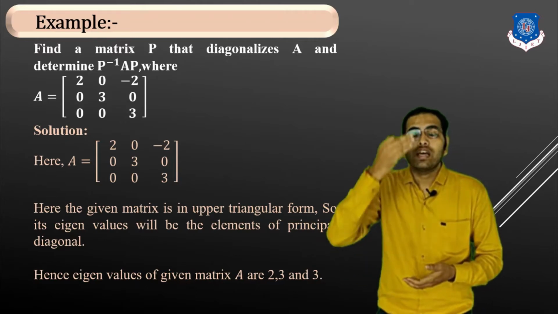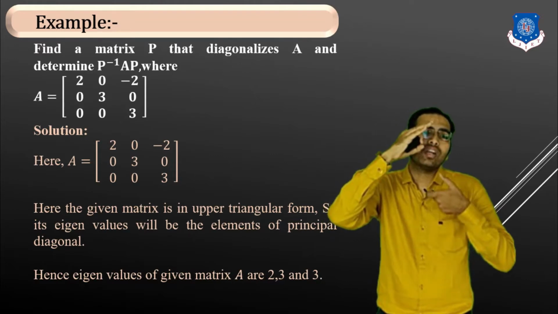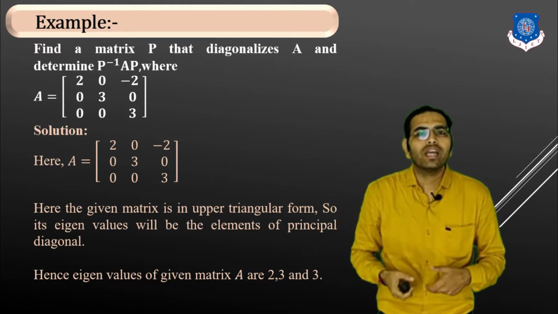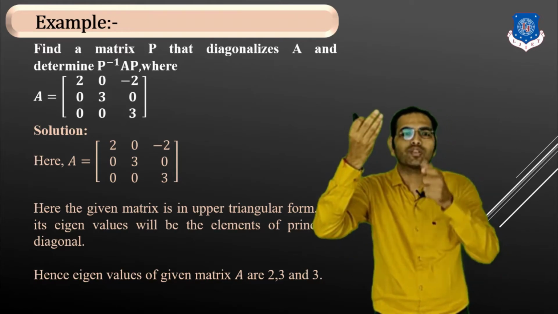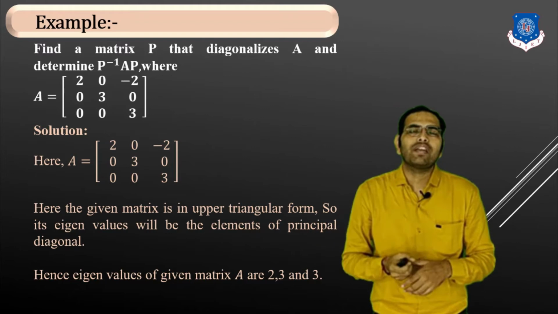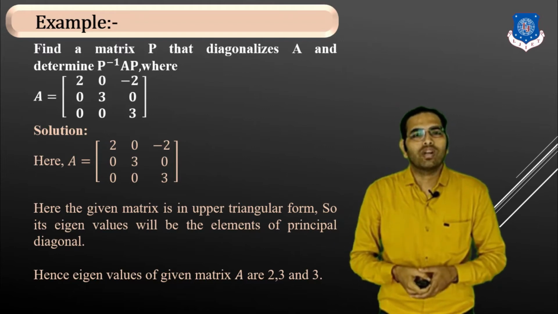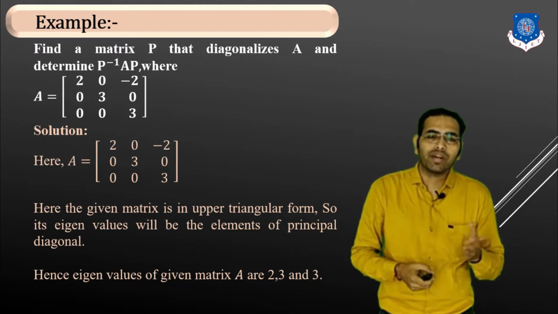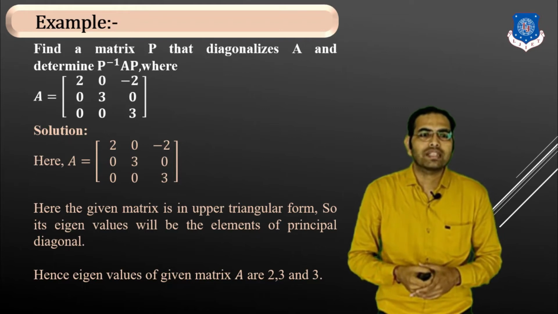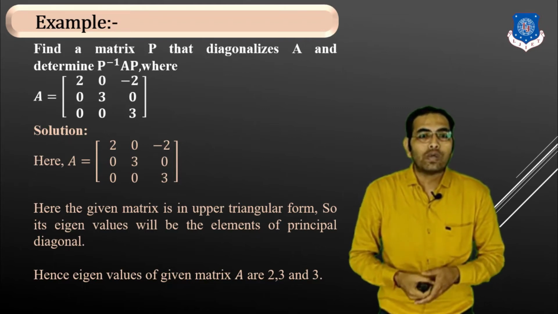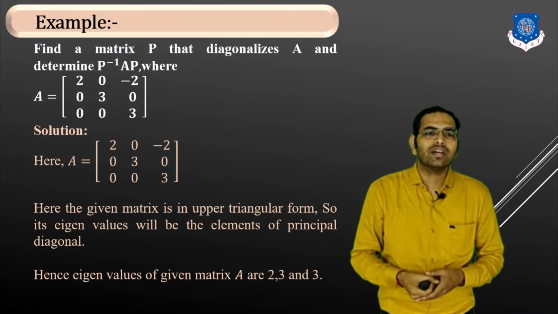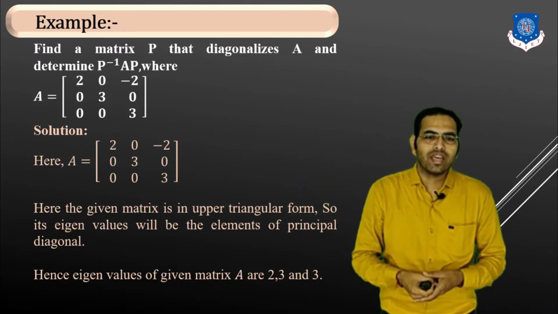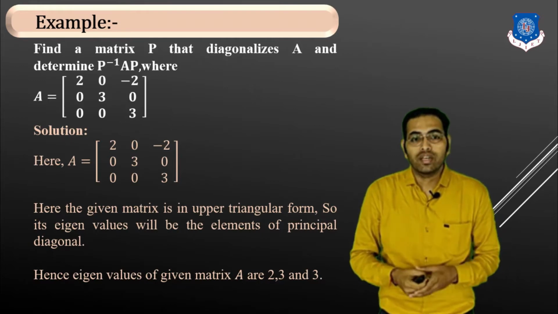Whenever the entries below the diagonal elements are 0, it is called an upper triangular matrix, or if the entries above the diagonal elements are 0, then we say it is a lower triangular matrix. If our matrix is upper triangular or lower triangular, then its eigenvalues will be the principal diagonal elements. Here the eigenvalues of the matrix A are 2, 3, 3.